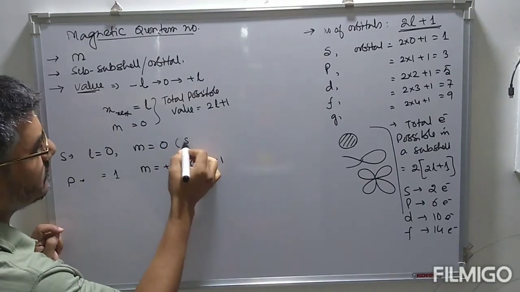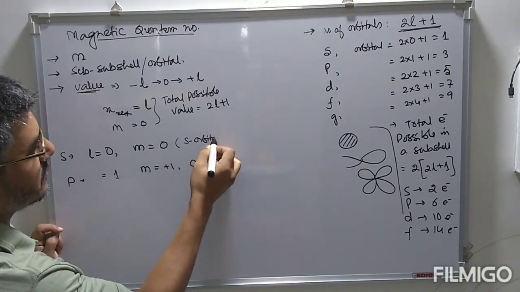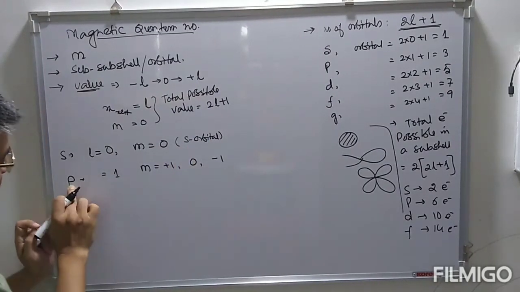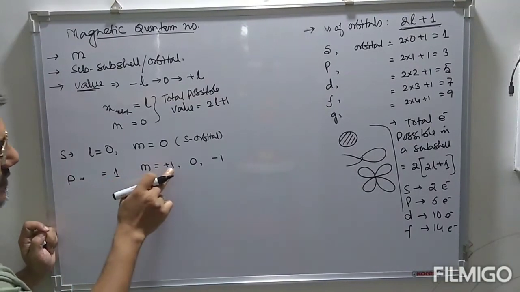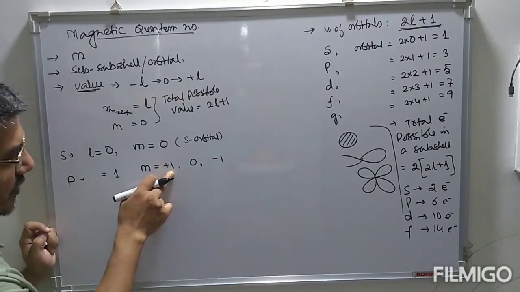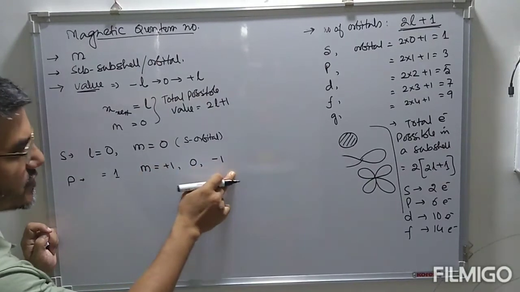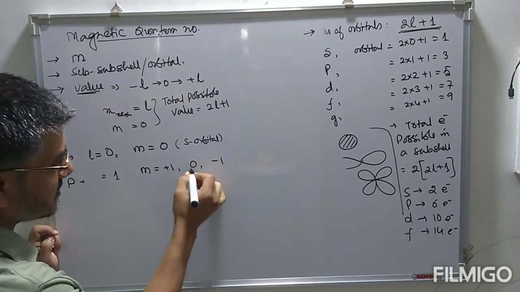So this P has got 3 orbitals. Orientation is plus 1, orientation is minus 1, 0.